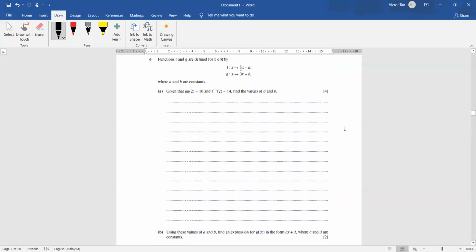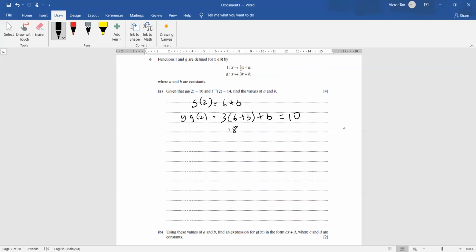Functions f and g are defined as follows, where a and b are constants. Given that gg(2) is 10 and f inverse of 2 is 14, find the values of a and b. So g(2) is 6 plus b. g(3) is 18 plus 3b, and it's given that it is equal to 10.